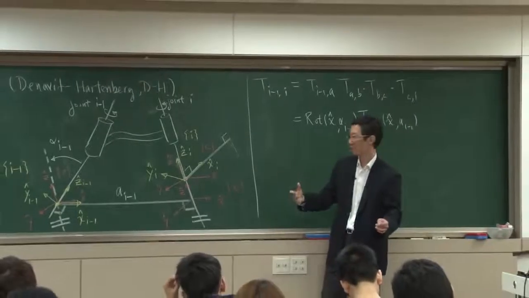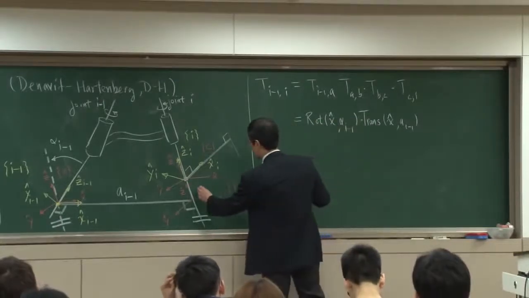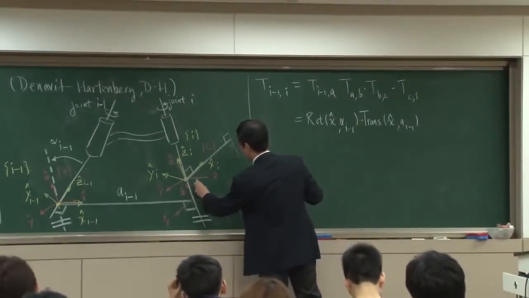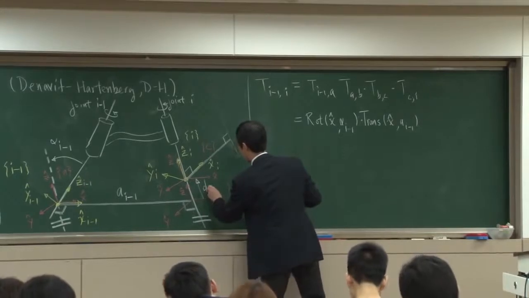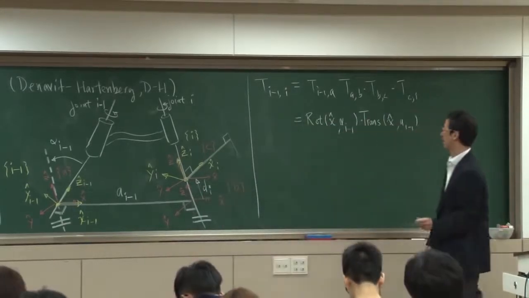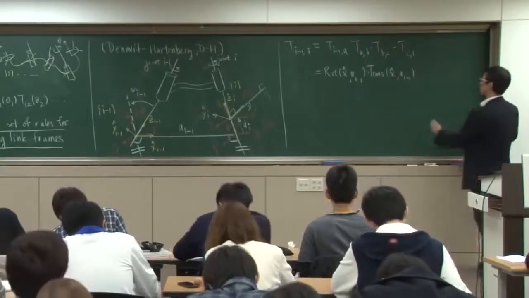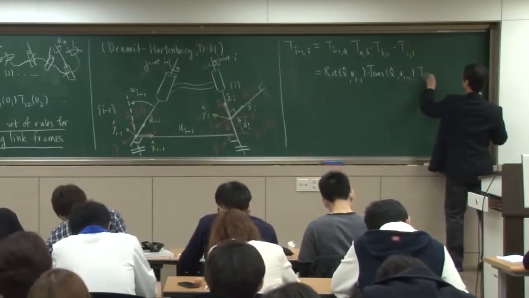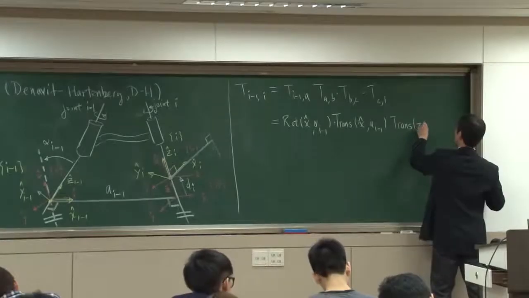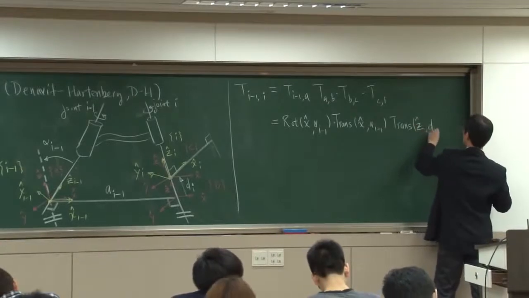What is that distance? Well, we need a name. Let's say this is d sub I. So we're translating along the z-axis by a distance d sub I.